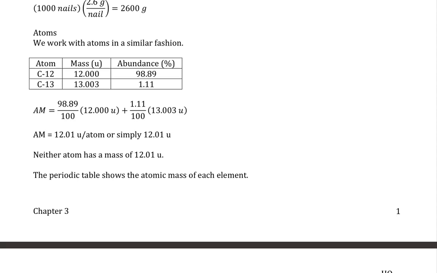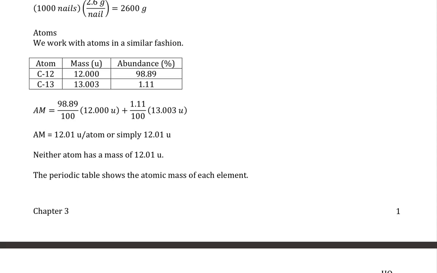So we have 98.89 over 100 times 12.000 U plus 1.11 over 100 times 13.003 U. And we get the atomic mass to be 12.01 U per atom, or simply 12.01 U.